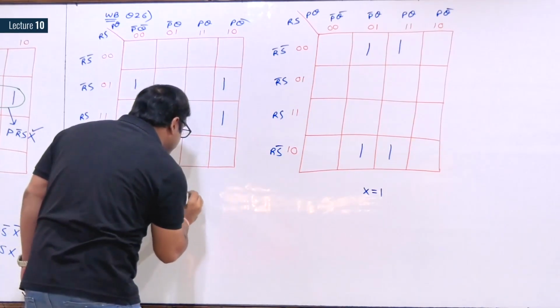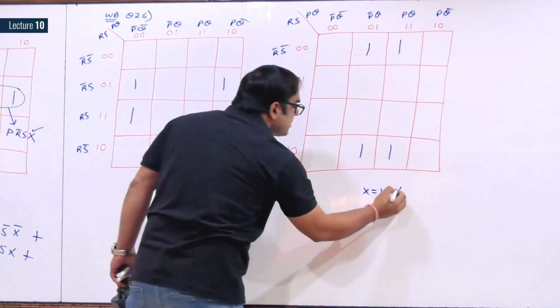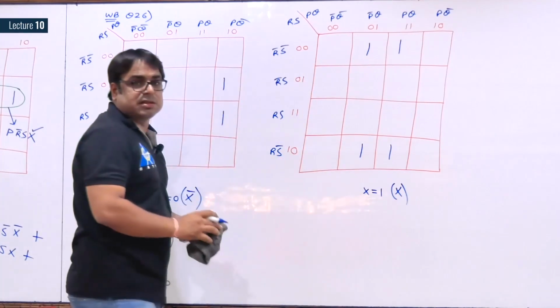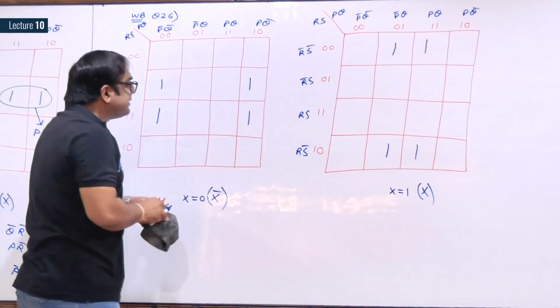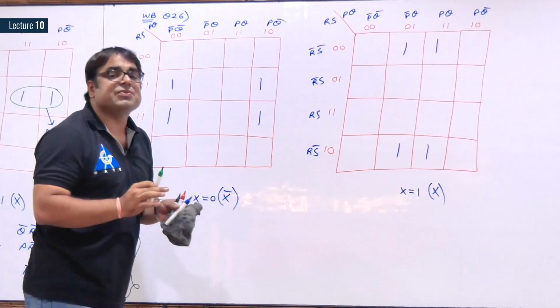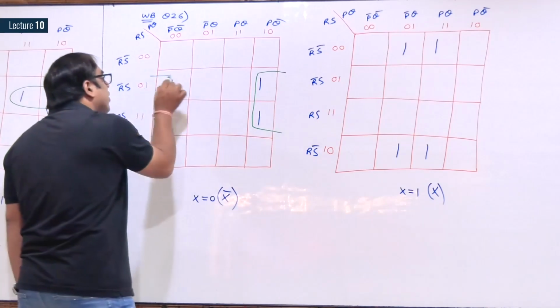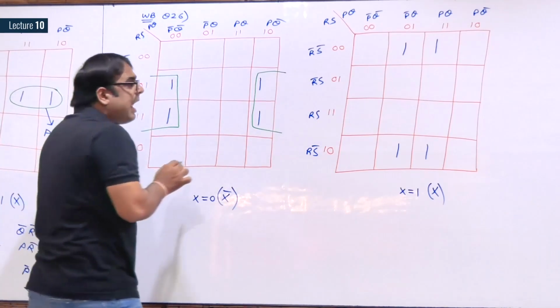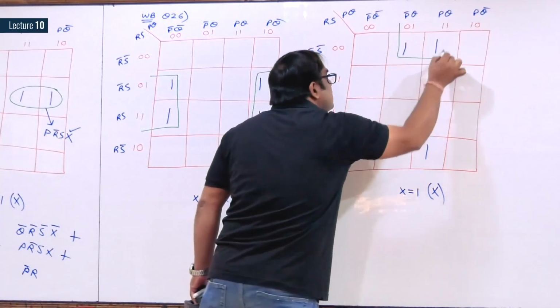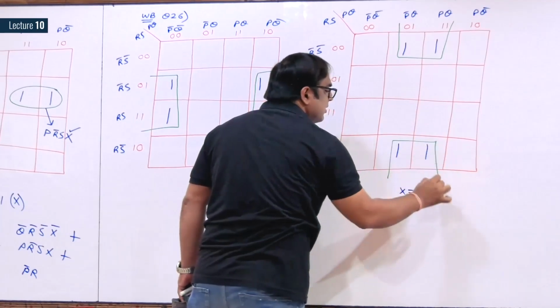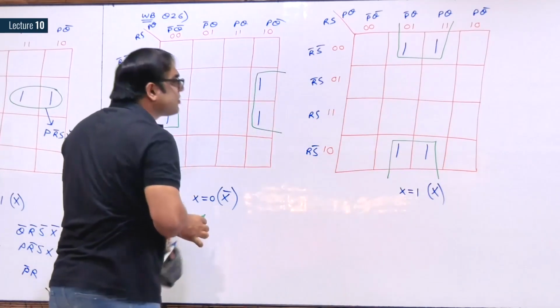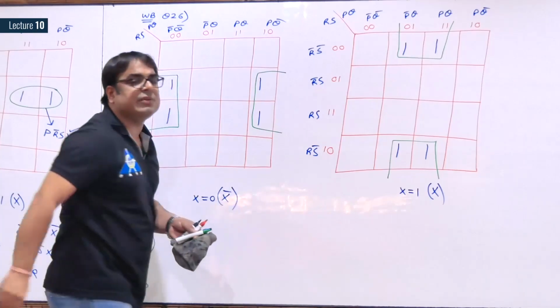X is equal to 0 means x complement, x is equal to 1 means normal x. Now see, the grouping which came in the exam was very easy. This square is only for x complement and this square is only for x.